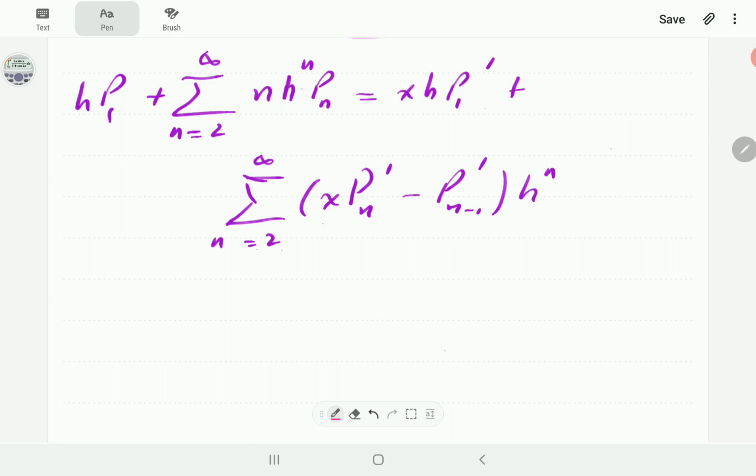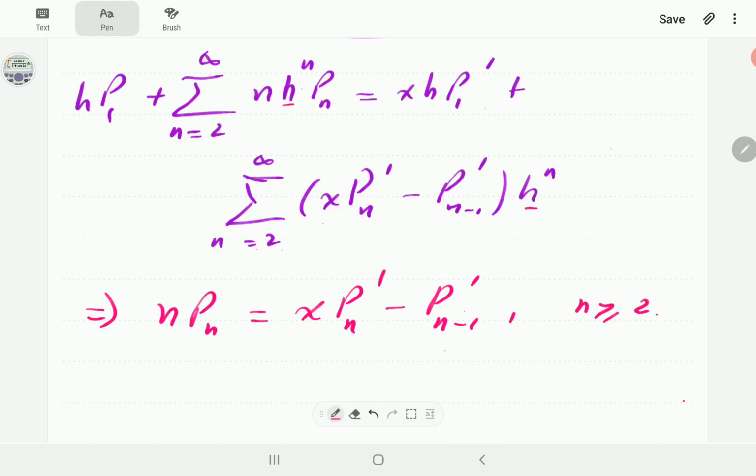Then when n is equal to 2, the coefficient of h to the power n this side is nPn, and the coefficient of h to the power n this side is x Pn prime minus Pn minus 1 prime. So that is going to be our second recurrence relation. Of course, it's applicable when n is 2 or greater.